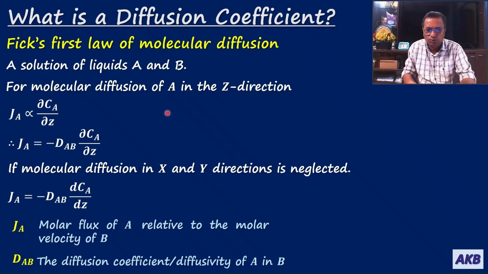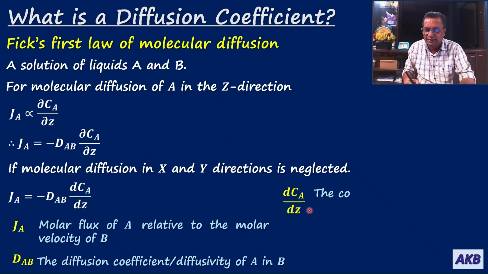So in order to indicate that, we have the negative sign in this equation. The negative sign indicates that diffusion is taking place from a place of high concentration to a place of low concentration.